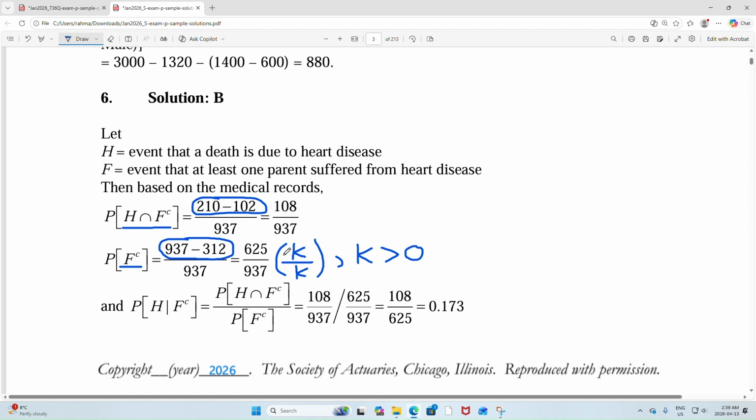That will cancel, so it will not change the answer. And you can see in the solution they have here that the 937 in fact will cancel with the 937. So that's why you can in fact deal with the number of people in these sets rather than working directly with the probabilities.